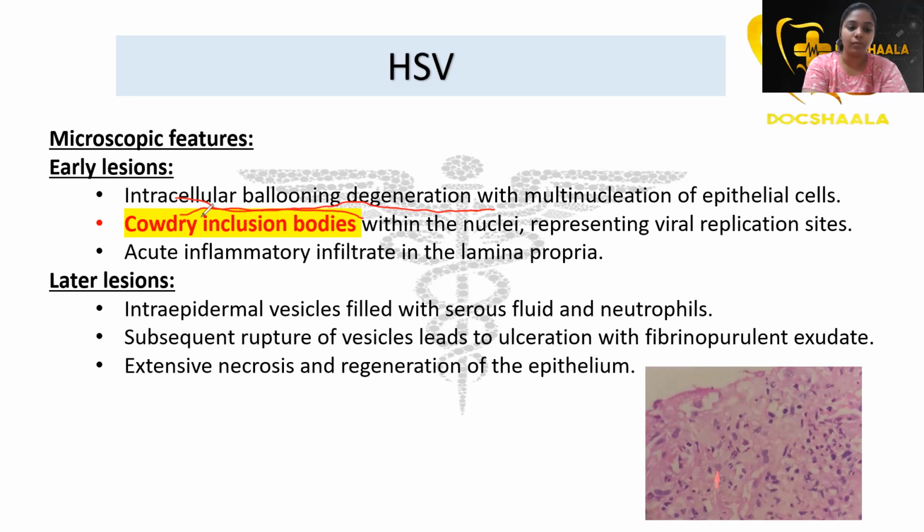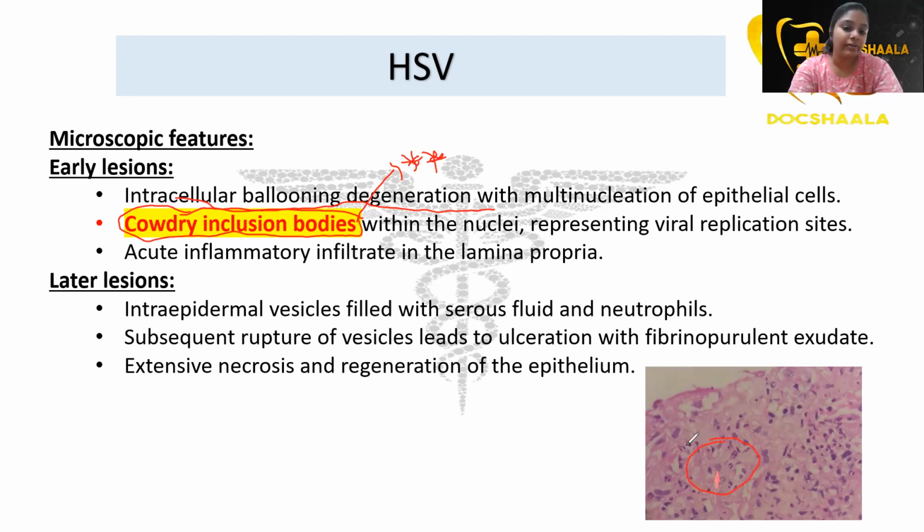This is one more very important point, okay, make a note of it. Cowdry inclusion bodies are seen in primary herpetic stomatitis. They are present within the nuclei, representing the viral replication site. The same is given in the picture here. The Cowdry inclusion bodies are seen.